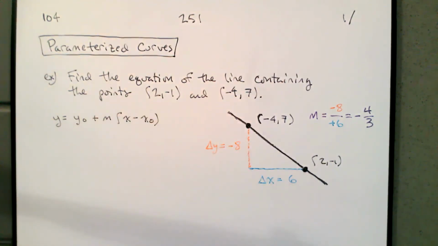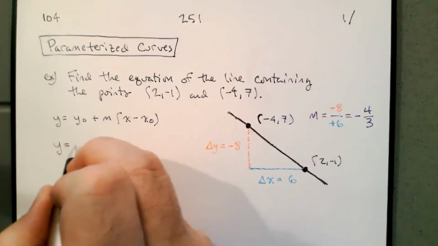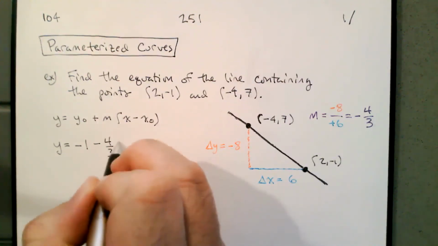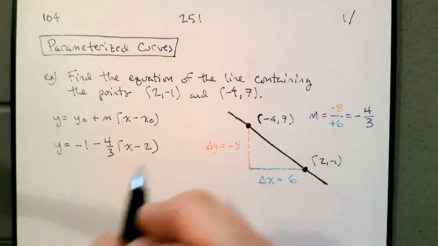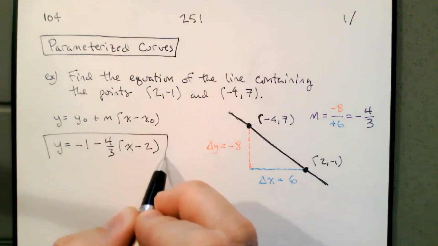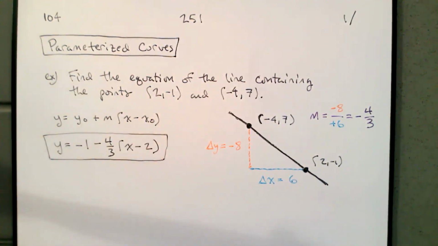And either one of these points will stand in for (x0, y0). So I could write the equation y equals, start off at -1 and decrease by 4/3 whenever x is different than 2. So here's one choice for the equation of a line. We could also use the other point.